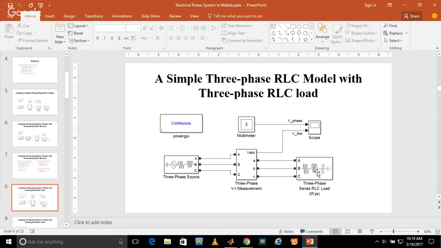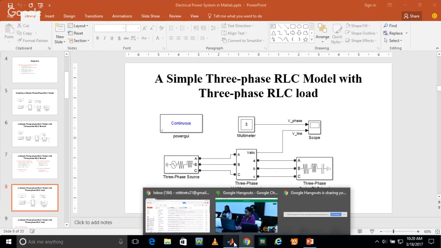In this case, we have connected a three-phase source along with a three-phase series RLC load. As I already told you, the three-phase RLC load is present in the same library where the three-phase RLC branch is present. We have connected a three-phase measurement device in this circuit along with a multimeter. The function of the multimeter is very simple.